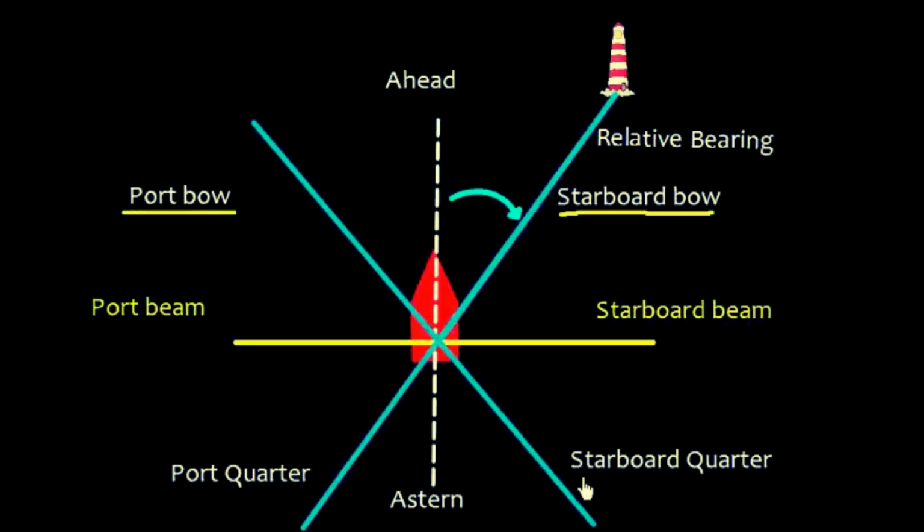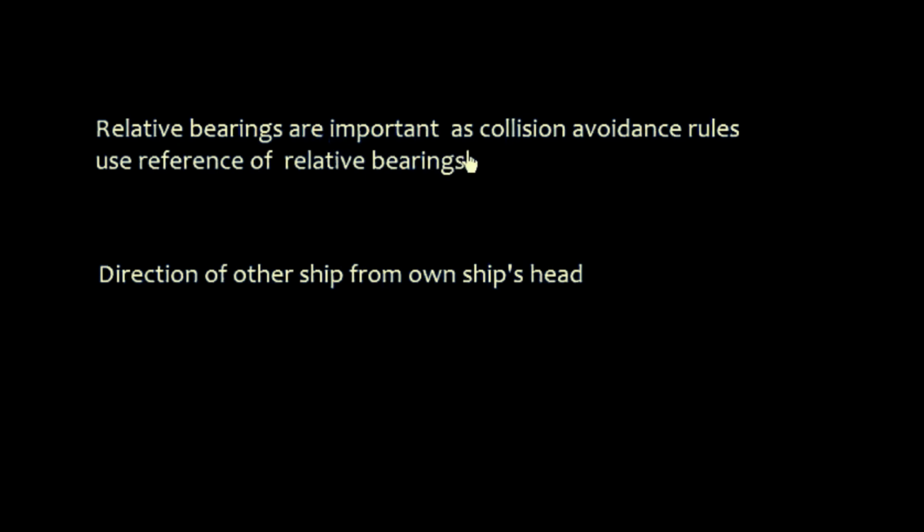Similarly, this is called starboard quarter, and this is called port quarter. So relative bearings are important, as collision avoidance rules use reference of relative bearing. Basically, these relative bearings are the direction of the other ship from own ship's head.